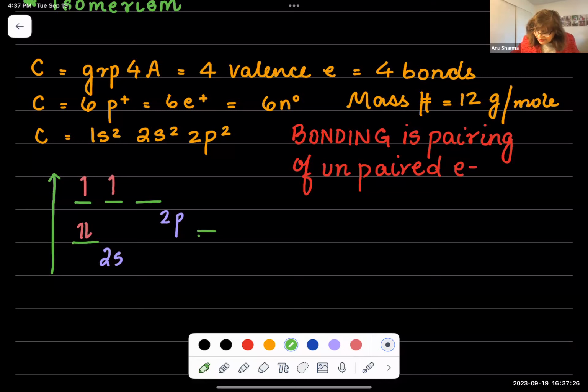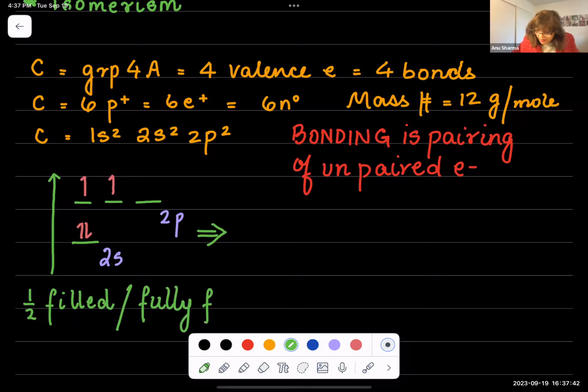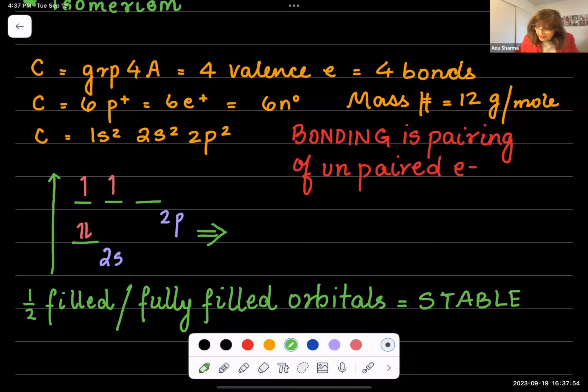What happens is that one of the electrons from the s jumps. Remember the rule, half-filled or fully filled orbitals are stable. So in order to attain stability, one of the electrons jumps from the lower energy state to a higher energy state.